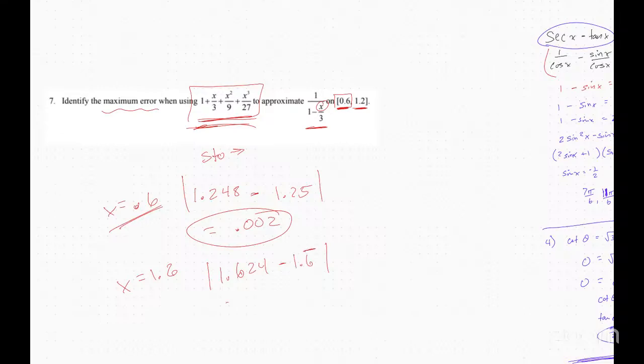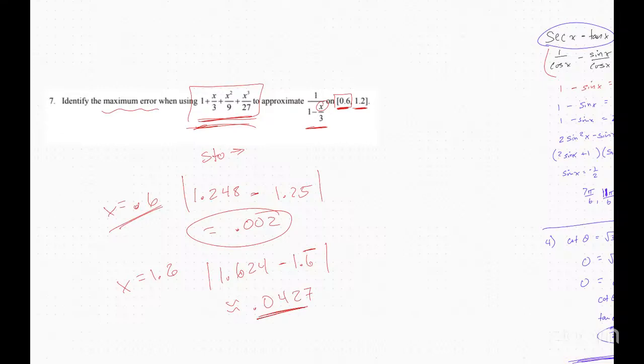I'm going to round the 1.6 continuing to 1.6667. You didn't have to round it. You could have just subtracted 1.624 from it. I got 0.0427. Yeah, that's rounded. So the maximum error would be that, because that's bigger than the other one.